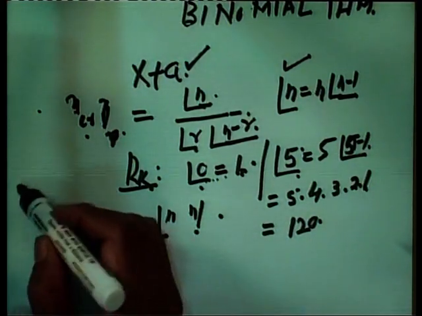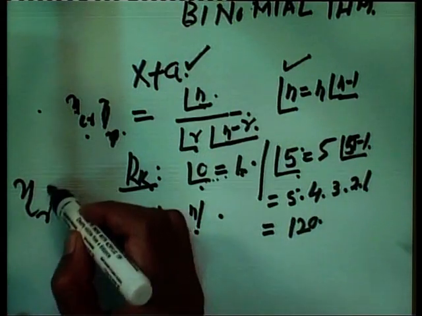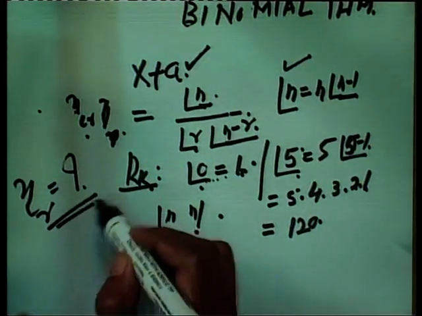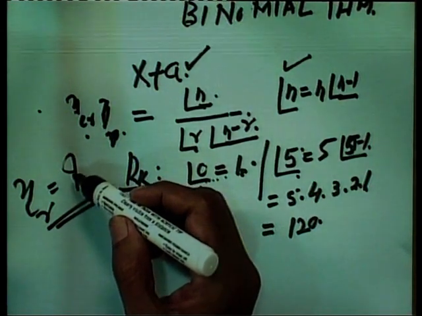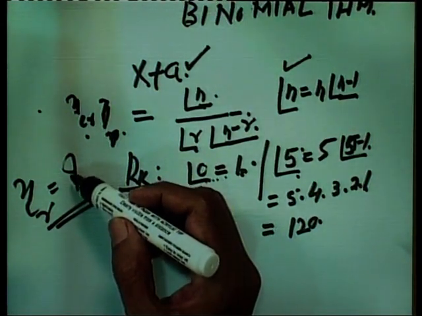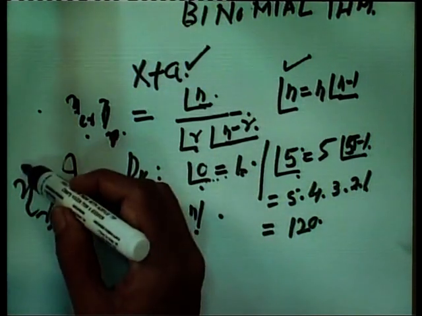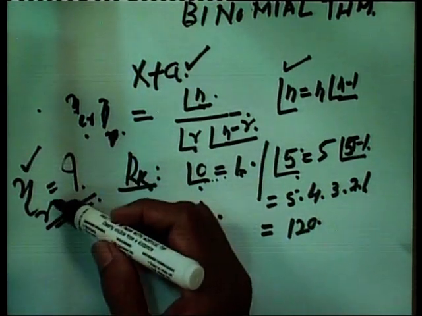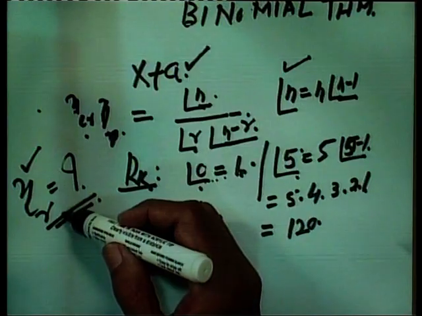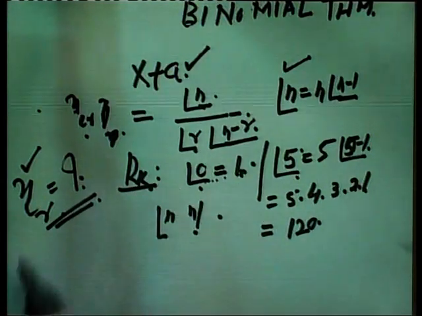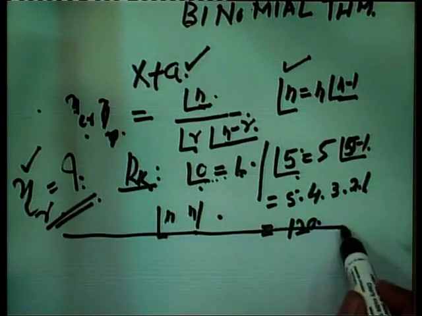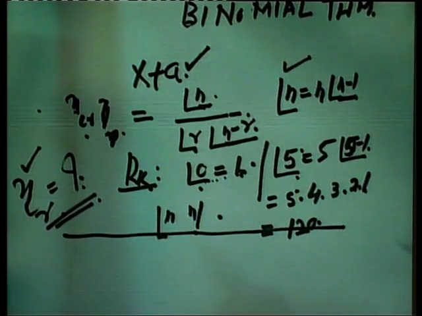Now, what is nCr? You might have already done it, but I am just recalling it very briefly. This means if you are given n objects, and we have to choose r objects out of them, then these are the ways. For example, I give you a very trivial example.